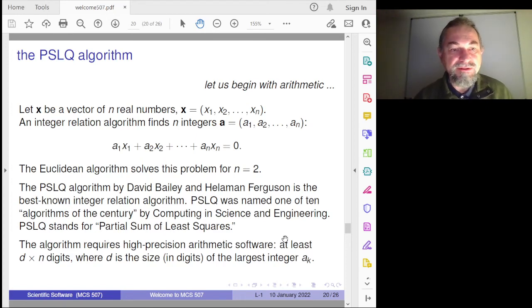So that is what the PSLQ algorithm does. It is based on detecting integer relationships. So at its core, given some real numbers, it finds an integer relation between these real numbers. So the real numbers are given with limited accuracy.